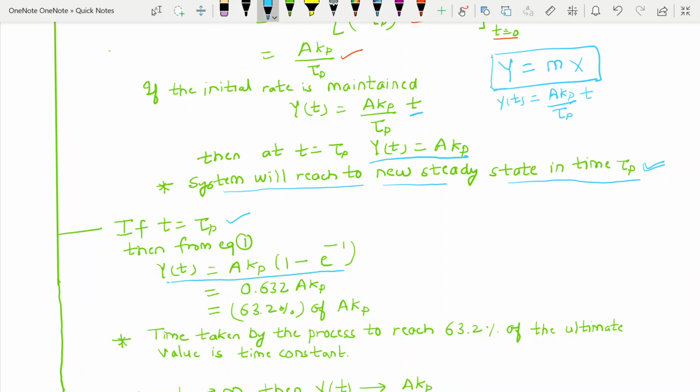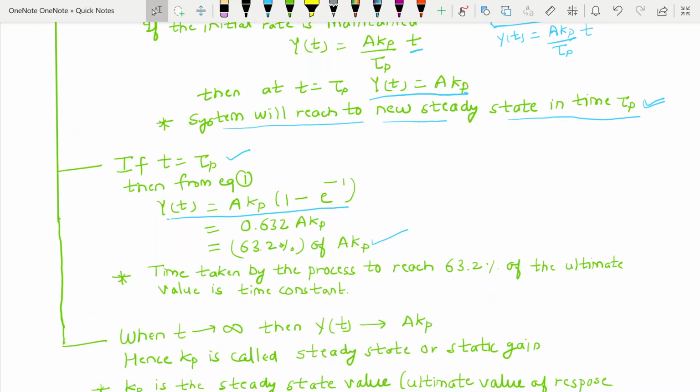Yt will be akp times 1 minus e to the power minus 1. अगर मैं इसको सिंप्लीफाई करूँ तो that will become 0.632 into akp, or I can say that it is 63.2% of akp. तो यहां से हम लोग इंपॉर्टेंट कैरेक्टरिस्टिक को देखते हैं, जो कि अगर फर्स्ट ऑर्डर सिस्टम में हम स्टेप चेंज देते हैं, तो when t is equal to tau p, उसका जो रिस्पॉन्स होता है वो अल्टीमेट वैल्यू के 63% होता है.